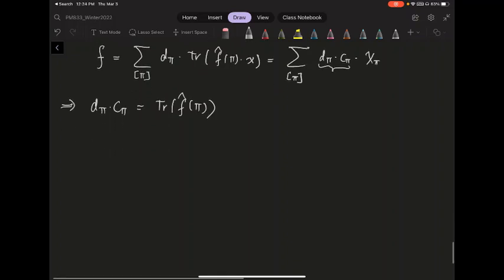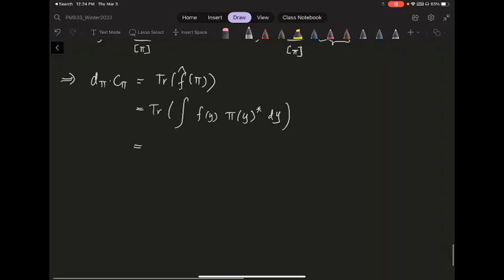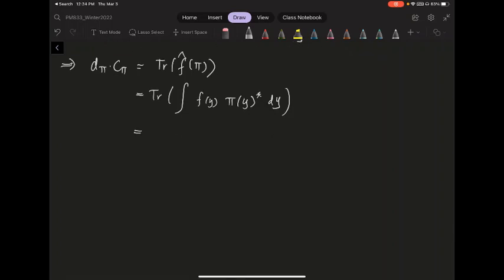All right, and now let's just expand what the f hat is. Well, that's the trace of a convolution, so that's the integral of f(y) times pi of y inverse, or pi of y entire thing, the complex conjugate, and you do the dy. And because the trace is linear, you can move it inside. And f(y) is the scalar here, so it doesn't really affect the trace. You can move that out as well.